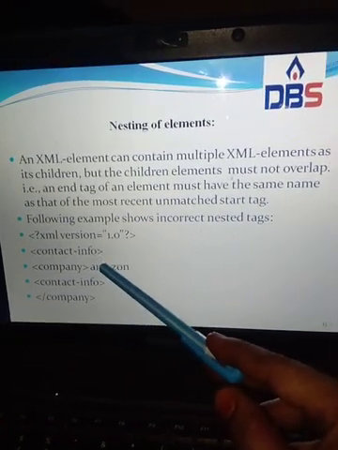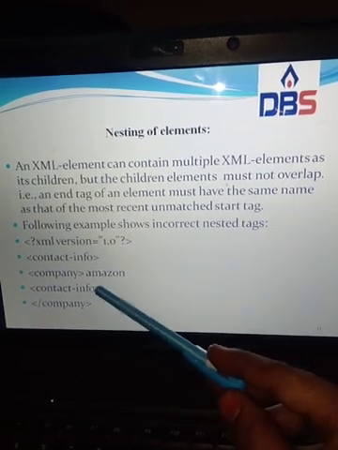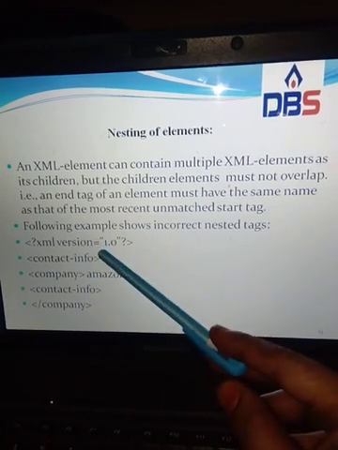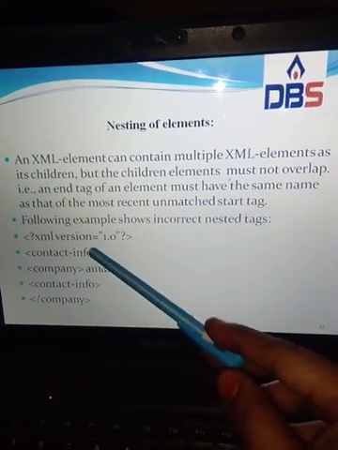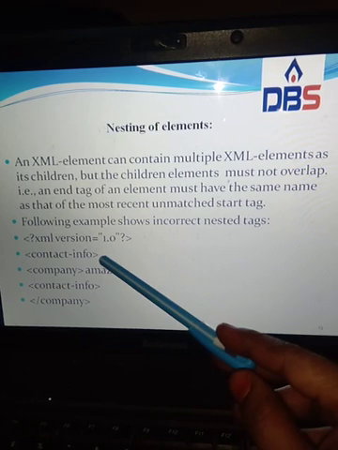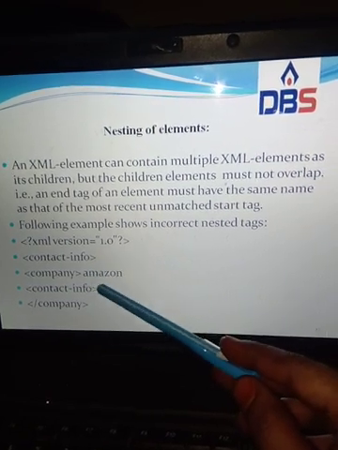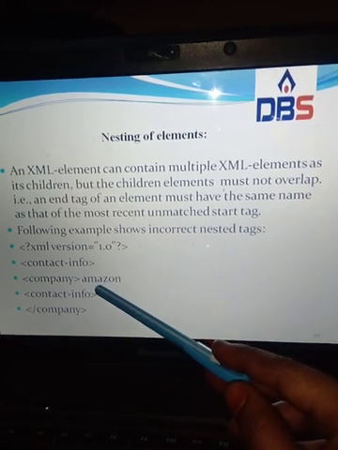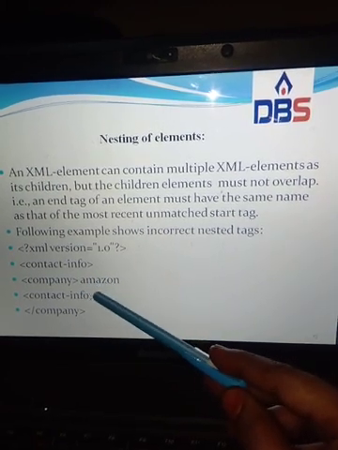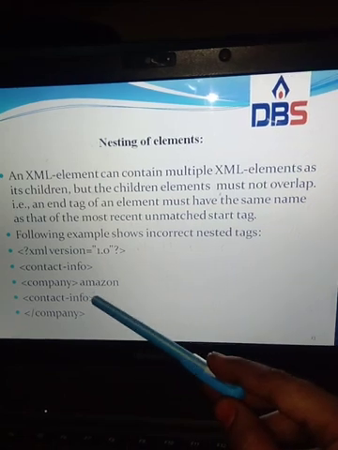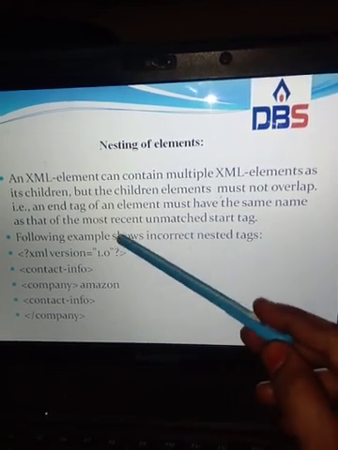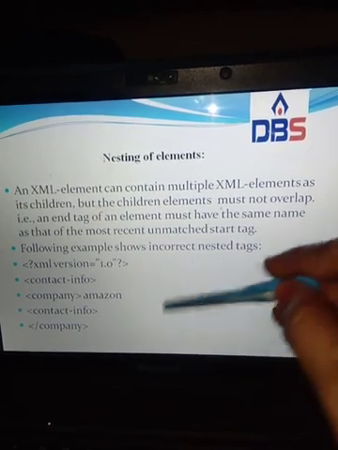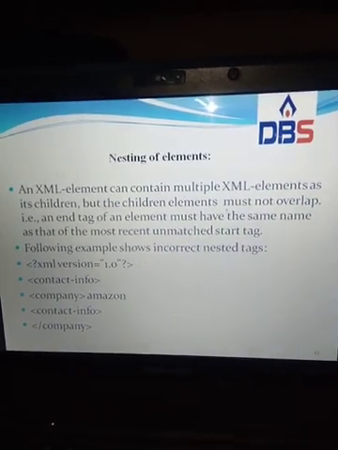The contact information tag is the outside tag, and inside it the company tag is closed. After that the contact information tag is closed. Nesting means one element is inside another element.